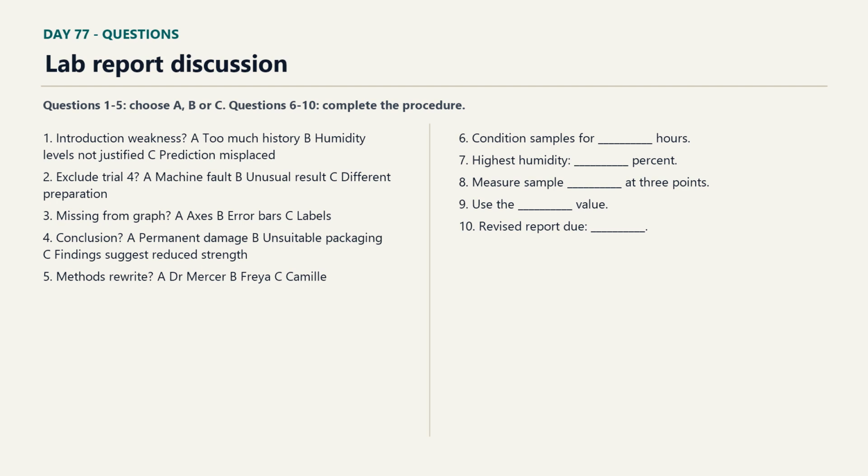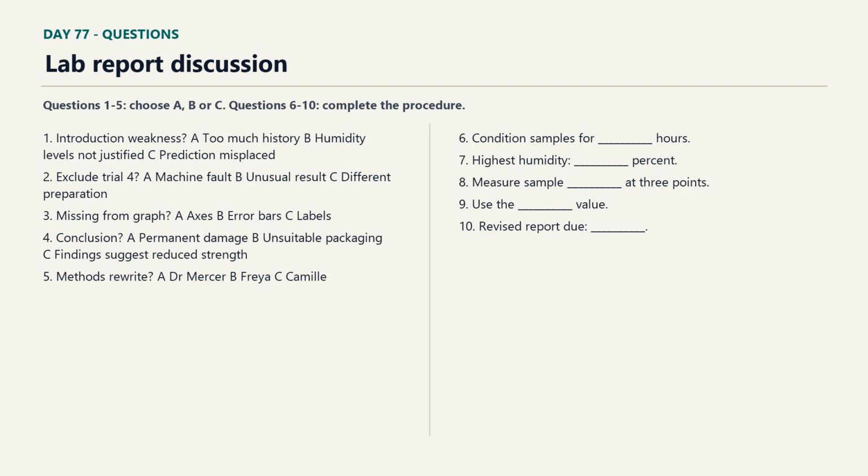Now let us agree on a standard procedure so the revised methods are reproducible. We conditioned most samples overnight, which was approximately 18 hours. The pilot used 12 hours, while one article recommends 48 hours. 12 may not allow the material to stabilize, while 48 would double your schedule without evidence that it changes the result.